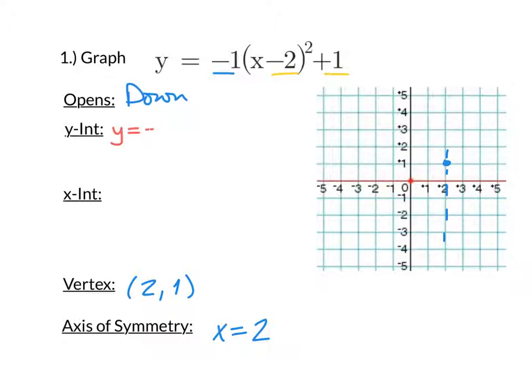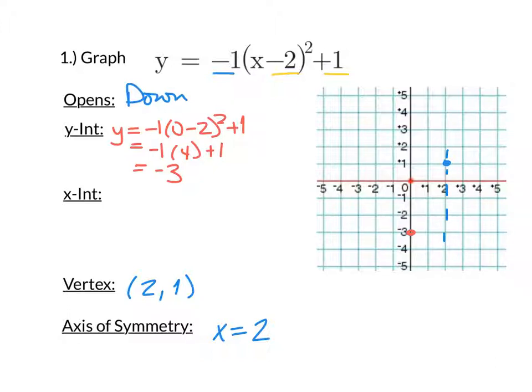So y is going to equal -1 times (0 minus 2) squared plus 1. Now you can let your calculator do that, but (-2) squared is going to be 4, and -4 plus 1 would be -3. That means that our y-intercept is going to be right here at -3.